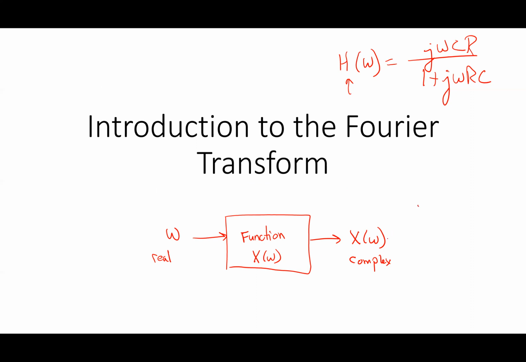If I actually want to visualize this guy, I've got to make two graphs, both versus omega. And what are the two graphs I draw? If I have something that is x of omega, or you get that from a circuit, how do I draw a graph of that?